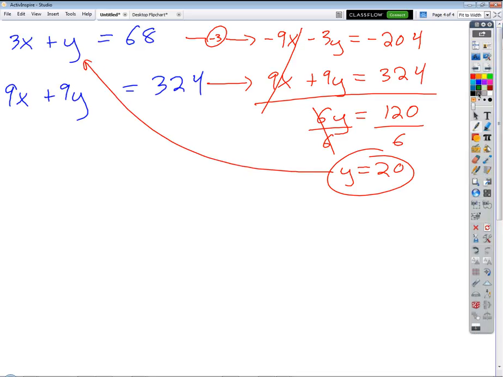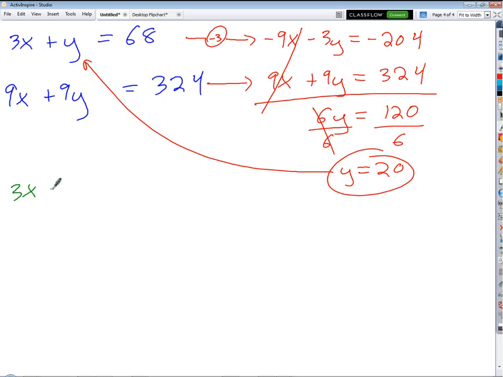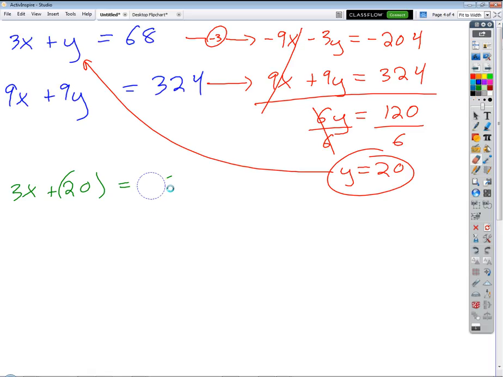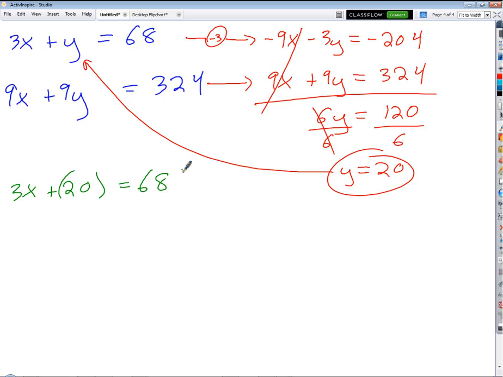And if I do that, I get 3x plus 20 equals 68. So what are going to be my two steps in order that I'm going to go through to solve for x? Kristen, what do you think? If I want to get the x by itself, what do I do? Subtract 20 and then divide by 3. Exactly.